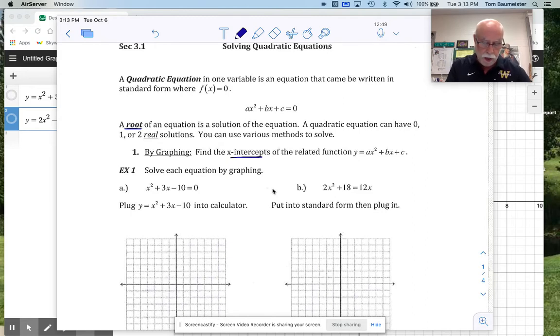So example 1, solve each equation by graphing. A, x squared plus 3x minus 10 is equal to 0. So plug y is equal to x squared plus 3x minus 10 into your calculator. So if you look here, I did do that.